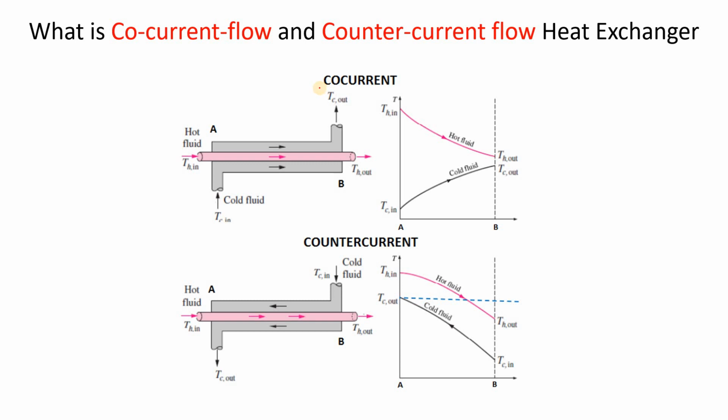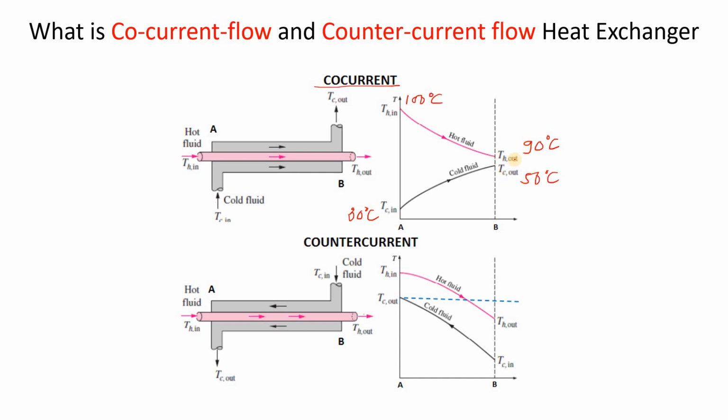So let's take the first example of the co-current flow. In a co-current flow, this is your hot fluid in, and let's assume the hot fluid inlet temperature is 100 degrees Celsius and the hot fluid outlet temperature is approximately 90 degrees Celsius. Now your cold fluid will be in from the same end. Let's suppose its temperature is 30 degrees Celsius and the outlet temperature is 50 degrees Celsius.